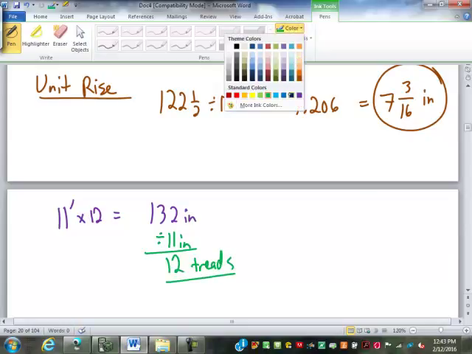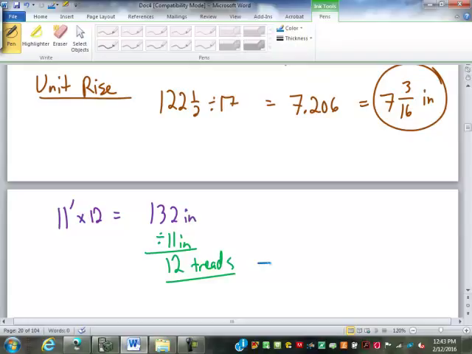What does that mean for our number of rises? If it's 12 treads, it's 13 rises. Always one more rise than there are runs. So above the landing, there are 13 rises.